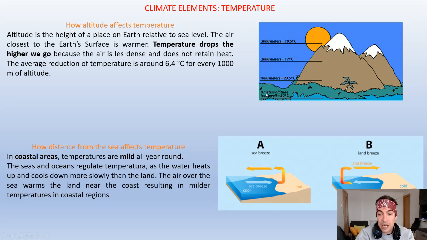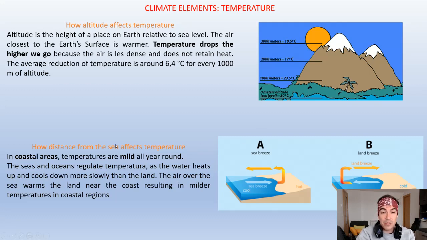As you can see here, at 0 meters, we have, for example, 30 degrees of temperature, but if we climb this mountain and we are at a point at 1,000 meters, the temperature has decreased exactly 6.5 degrees, and then another 6.5 and another 6.5. So the higher we go, the lower the temperature is. That's how altitude affects temperature.